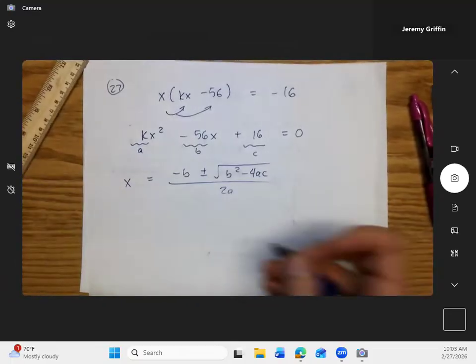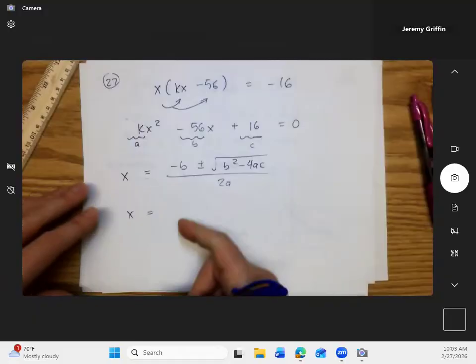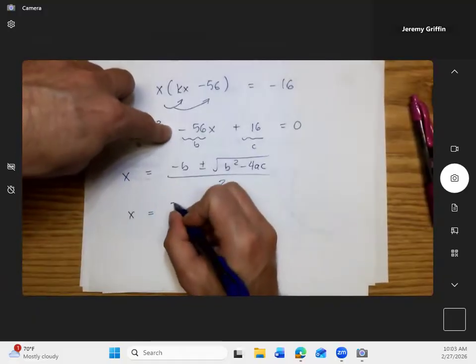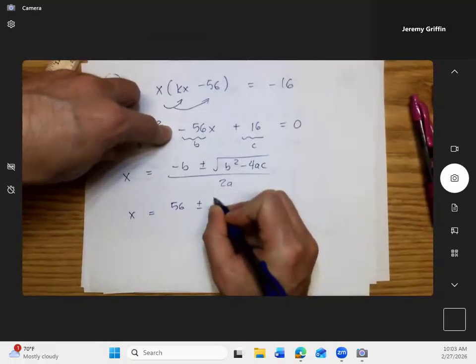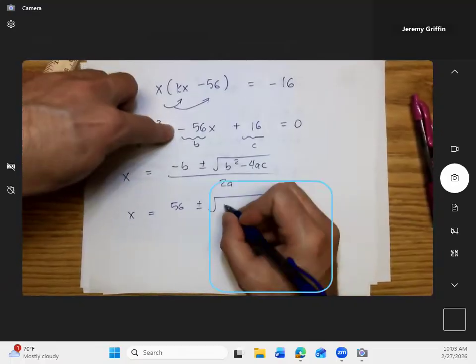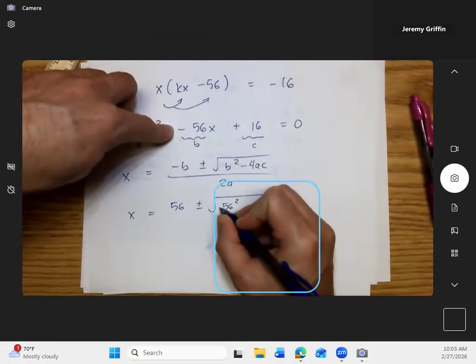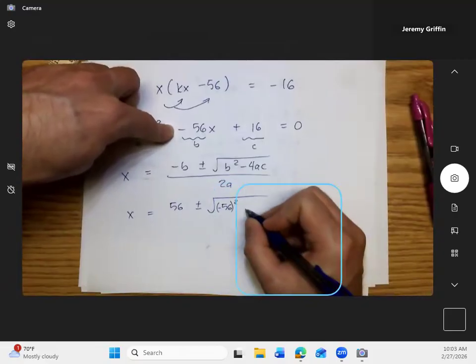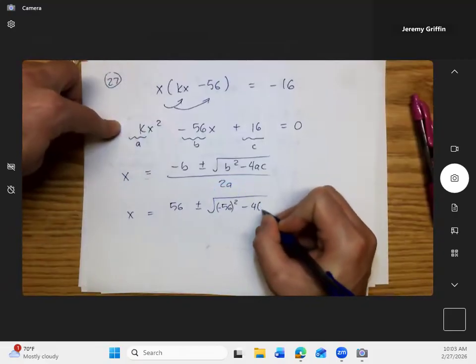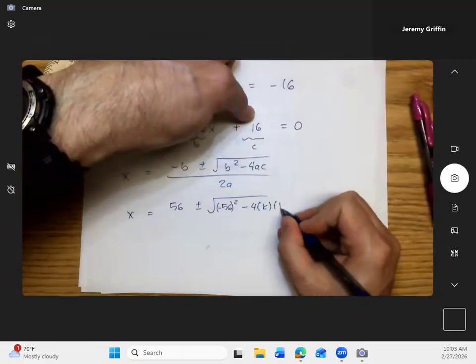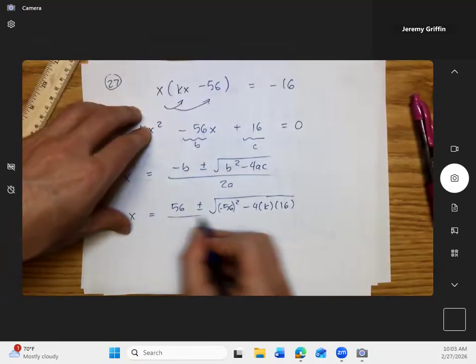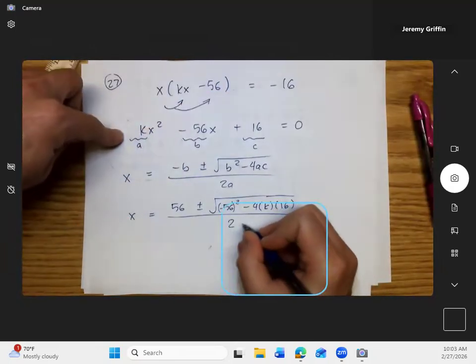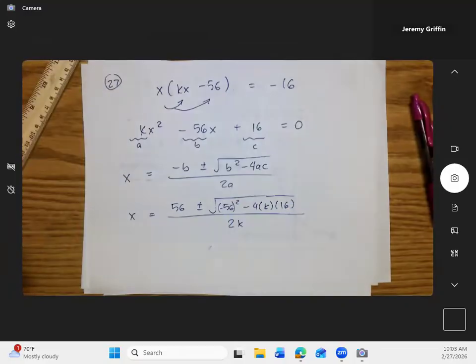You're going to the SAT, may as well know that. So negative 56 is like positive 56 plus or minus root of 56 squared, that negative cancels anyway, minus 4, and then I got a k, and I got a 16. This is all collectively divided by 2a, which is like 2k. Is that okay with you?